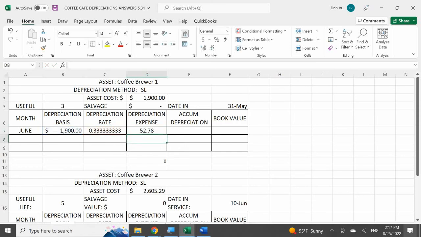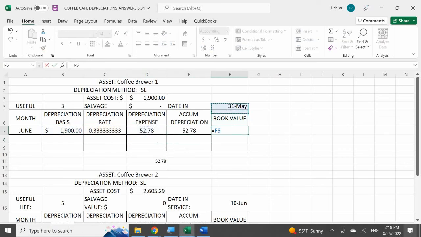Hold on. $52.78. Mm-hmm. So that's your accumulated depreciation.